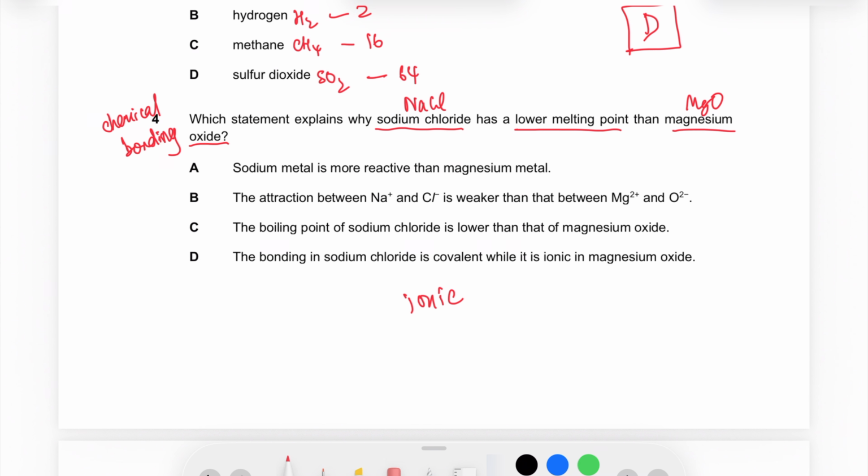But for NaCl, the charge for the ions is Na plus and Cl minus. For magnesium oxide, although it's also ionic, the charge will be higher. So the higher the charge, the stronger the electrostatic force of attraction, so the bonding will be stronger.